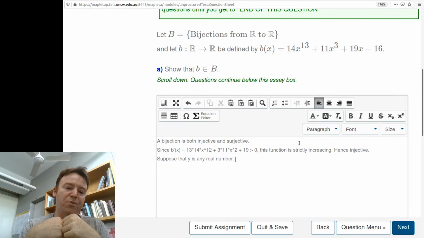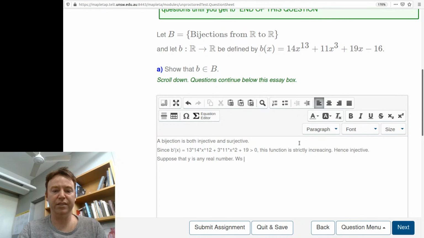Anyway, suppose that y is any real number. We show b of x... since... now let's see.